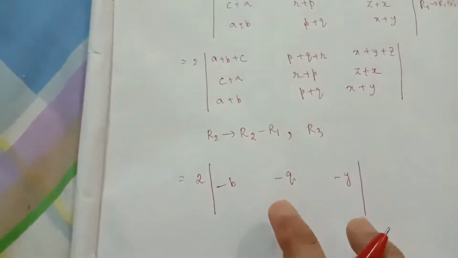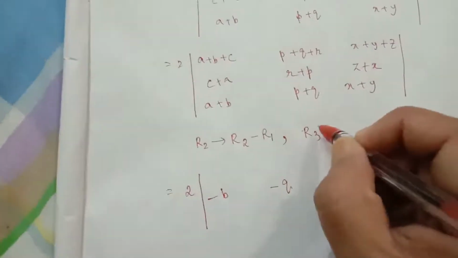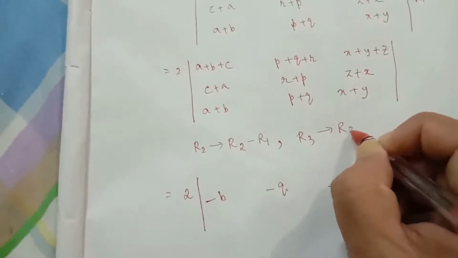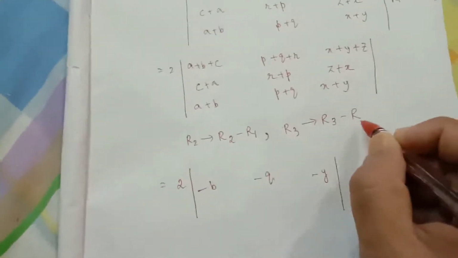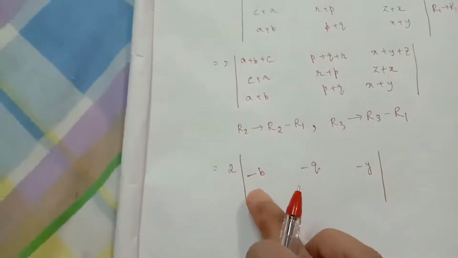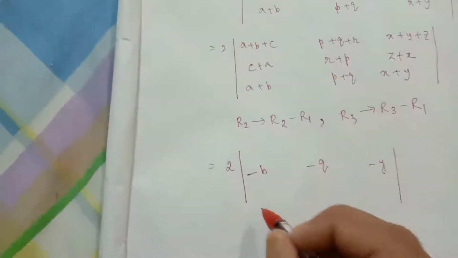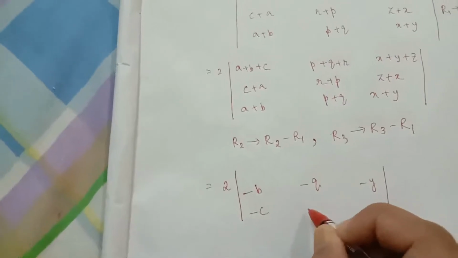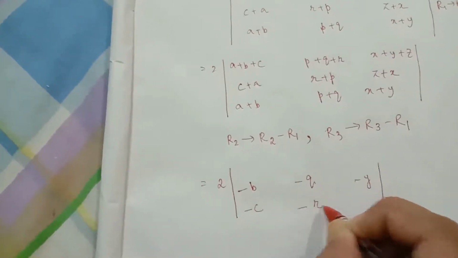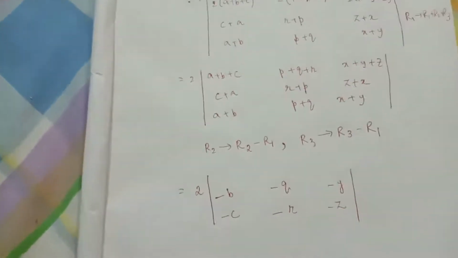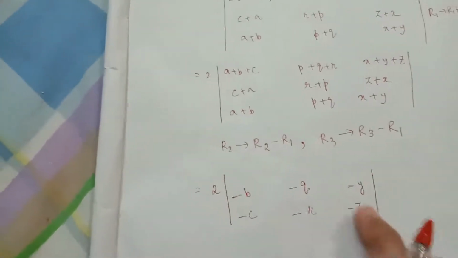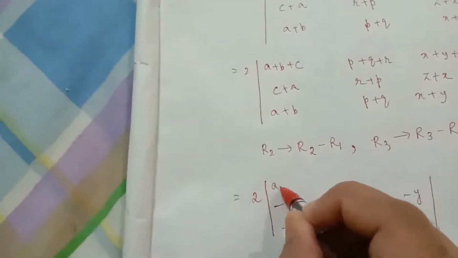Now in the same step, if we replace R3 by R3 minus R1, our R3 will become, this minus this, minus C, minus of R, minus of Z. Here R3 is changed. What is unchanged? R1.